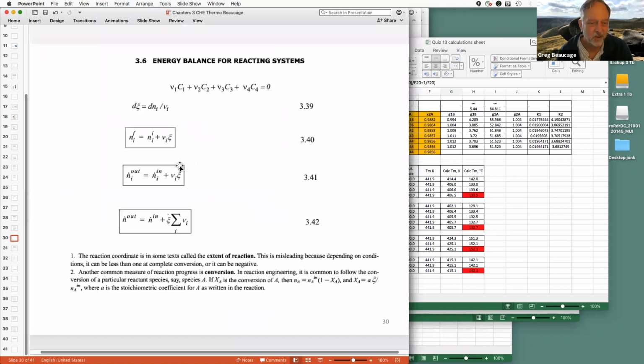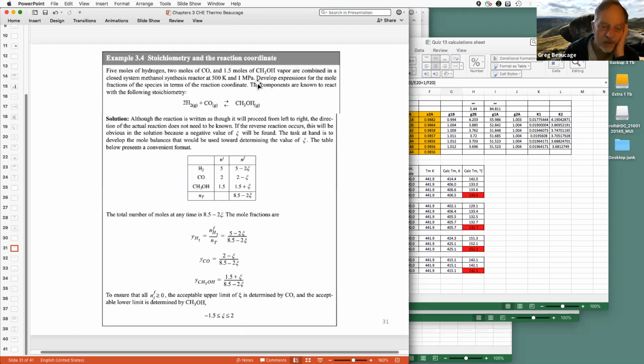First we did the stoichiometry for the mass balance, with the reaction coordinate, which you maybe already saw before. In this case you're given the reaction coordinate and then you just calculate what comes out of the reaction. You may or may not remember it. You can figure out the compositions using this reaction coordinate idea.